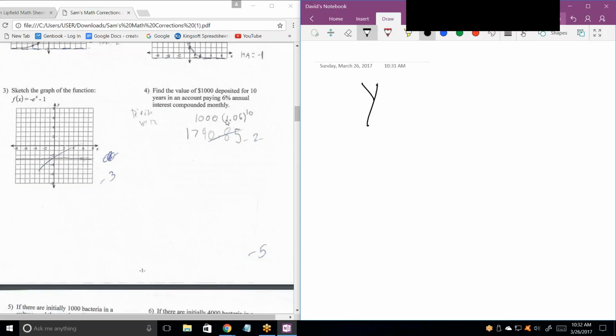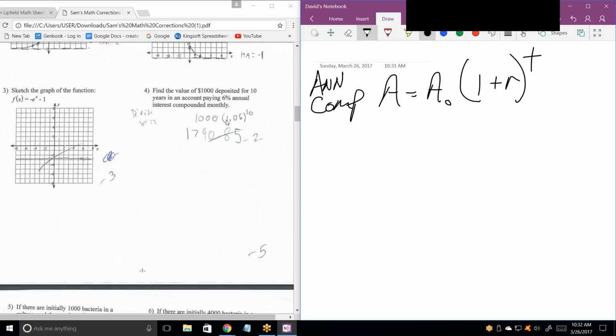You have 3 general equations, and you have to know the difference between all 3. Here's the first one. A equals the initial amount times (1 plus r) to the t. That's for annual compounding.